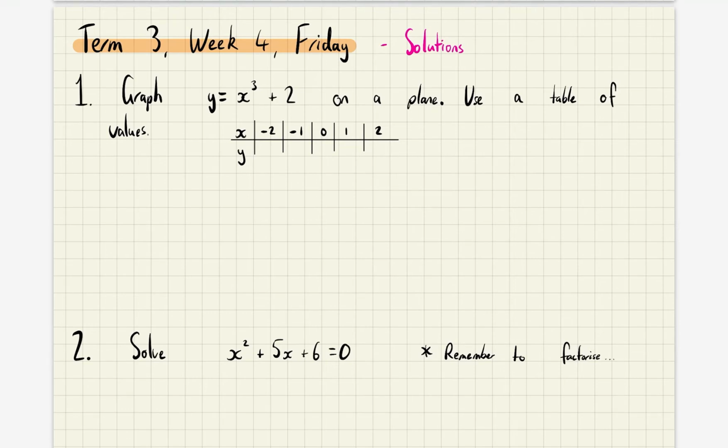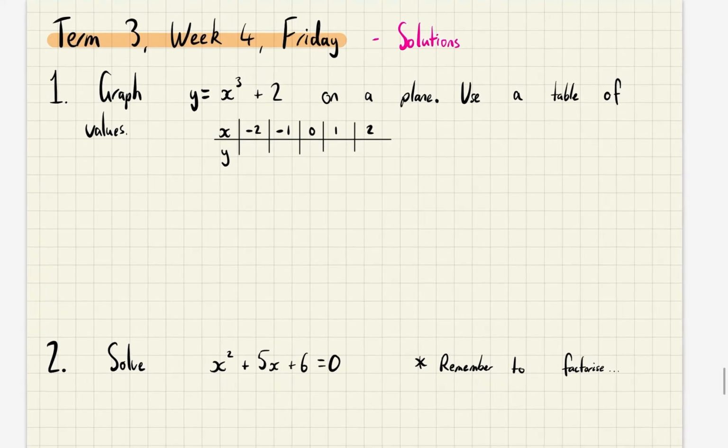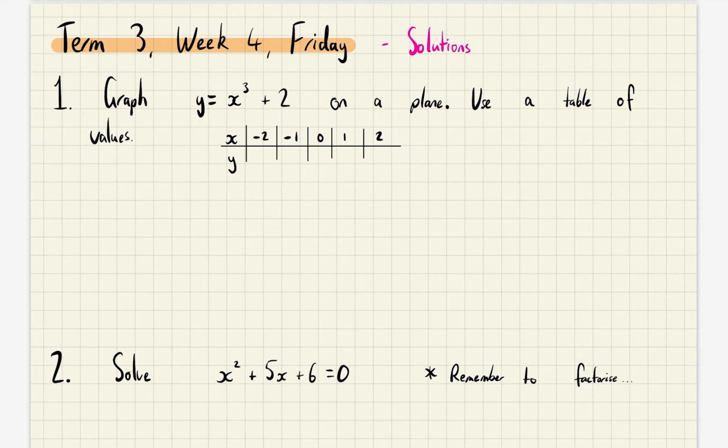Question 1, we need to graph a cubic on a plane, which is y equals x cubed plus 2, and I need to use this table of values. So the first thing I'm going to do is, using my calculator, write bracket cubed plus 2, and substitute in those different values.